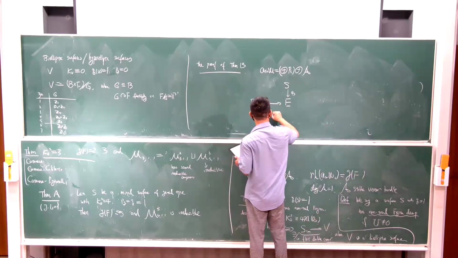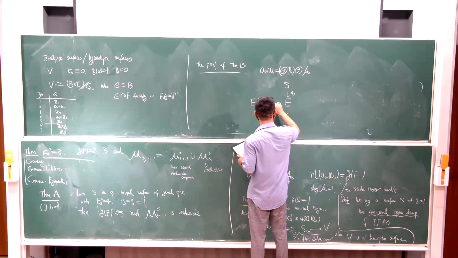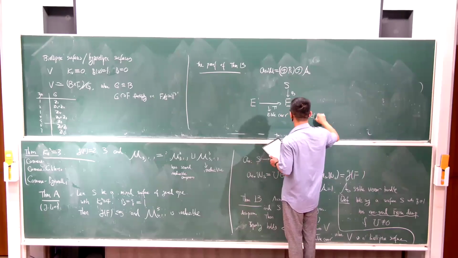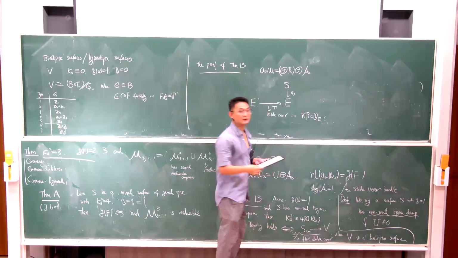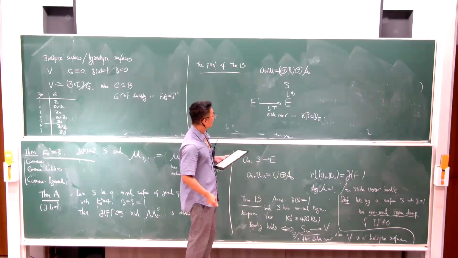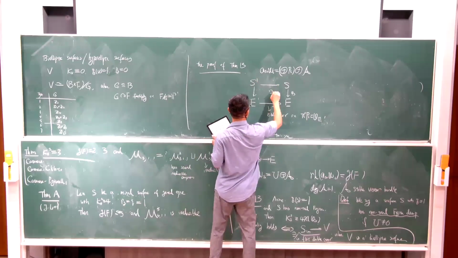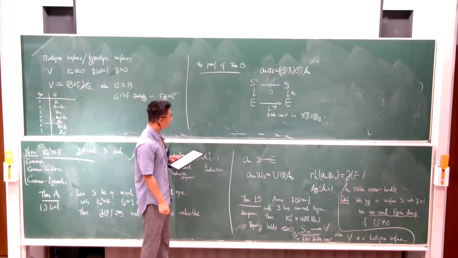This is an étale cover such that pi star Pi are trivial. We can choose this kind of étale cover, and we do the base change. We make a Cartesian diagram here.